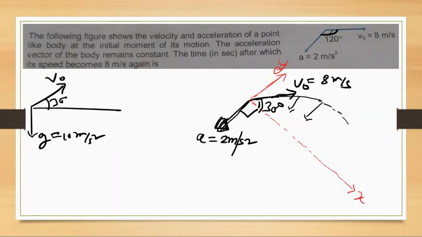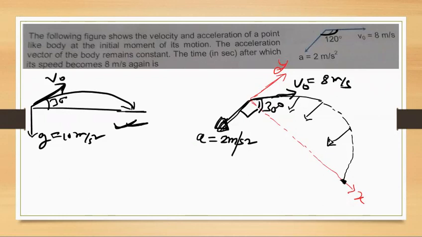So by symmetry we can say that the speed will be the same again when it crosses the x-axis. Here also, if a particle is thrown with v naught, when it strikes the ground the speed again will become v naught, in our gravitational case. So that is the main challenge actually. So we need to find out the time of flight actually, nothing else.